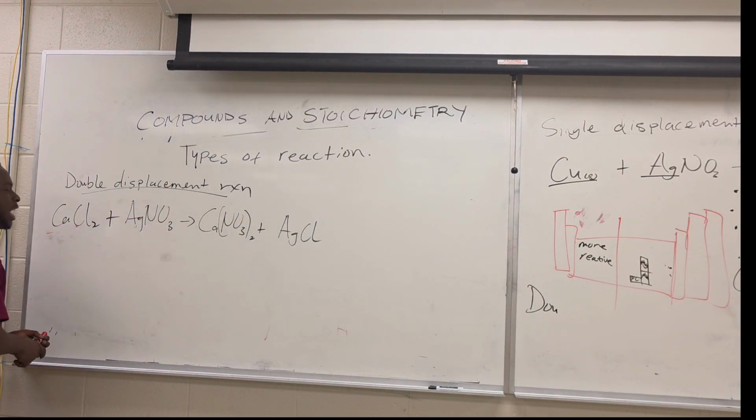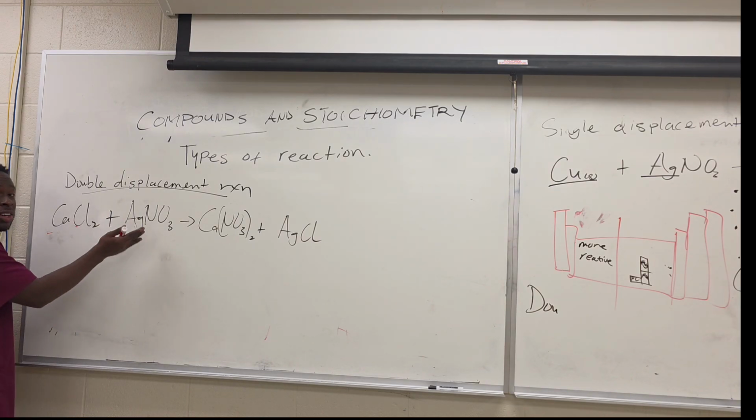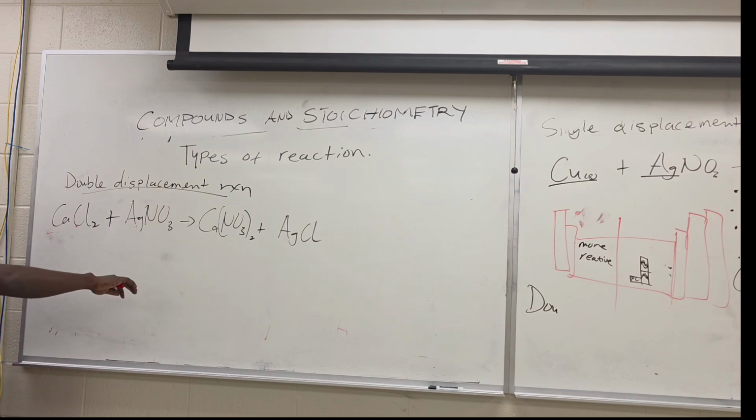One is reactivity wins. Reactivity would always win. For instance, calcium, when you look at the periodic table, is in group 2, or group 1, one of them is part of the alkali or alkaline earth metals. It's more reactive than this Mr. Noble silver over here. It will kick him out.